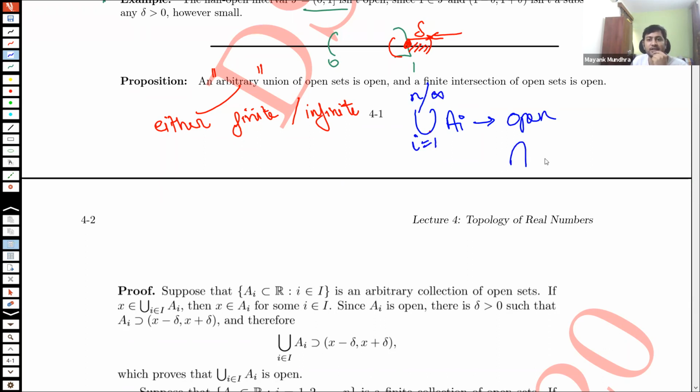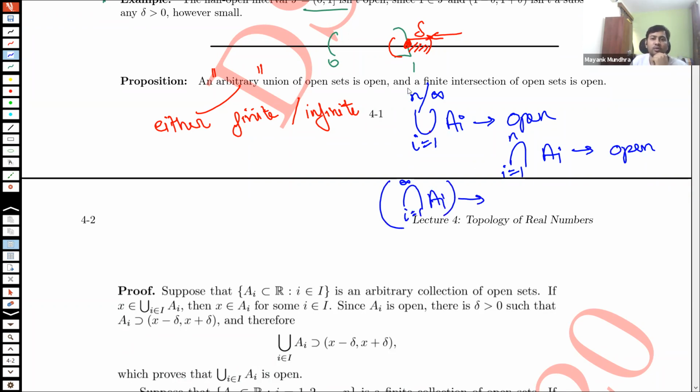But the intersection for i equals 1 to n is going to be open. And the infinite intersection, we'll talk about it in a bit. What happens to the infinite intersection?